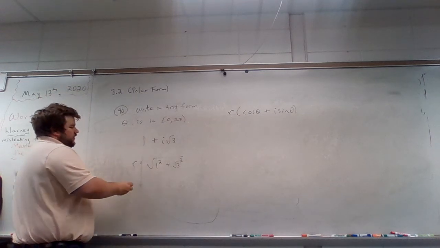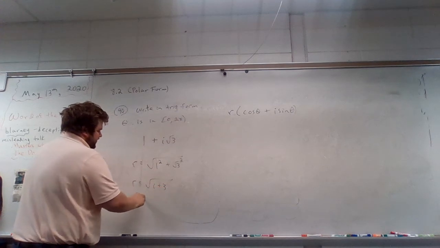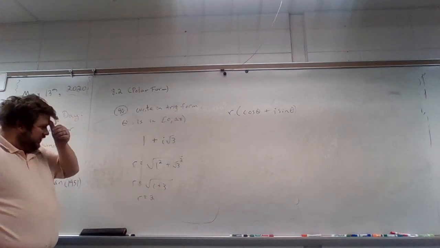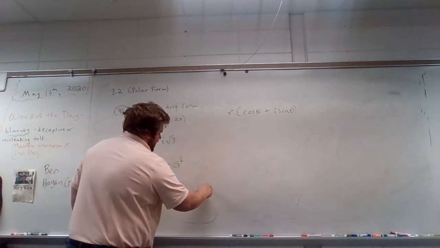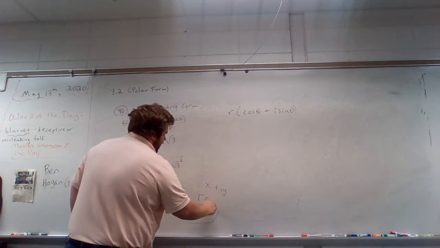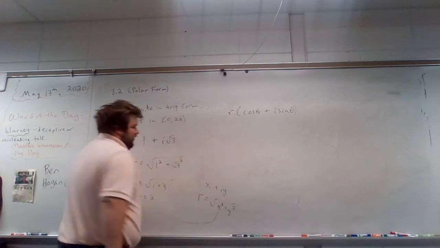Right? So that is the square root of 1 plus 3, that is just 2. So you're just using that formula where if I have x plus iy, then your modulus, or your r, is the square root of x squared plus y squared. Just using that formula right there.